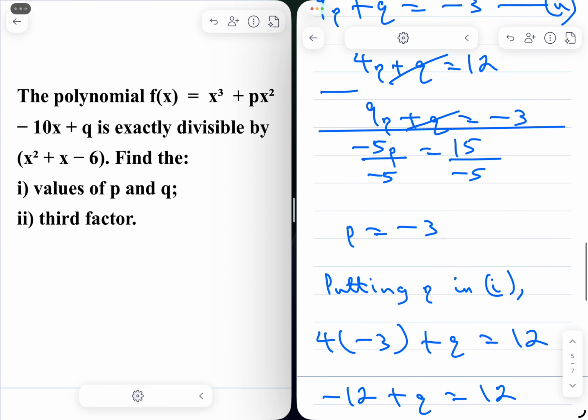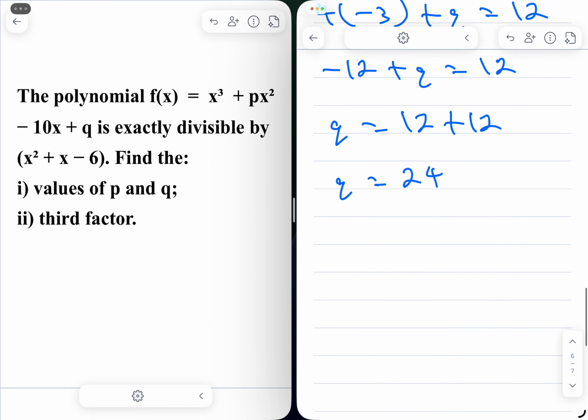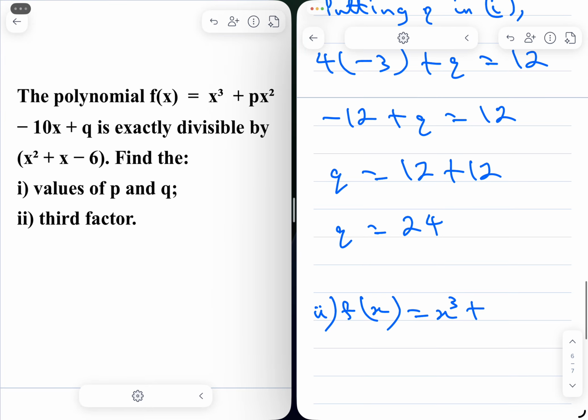Now Roman figure 2, that means p is equal to minus 3 and q is equal to 24. Roman figure 2 says find the third factor. Now that we know p and q, we can state f of x fully. So f of x will now be equal to x cubed plus px squared.